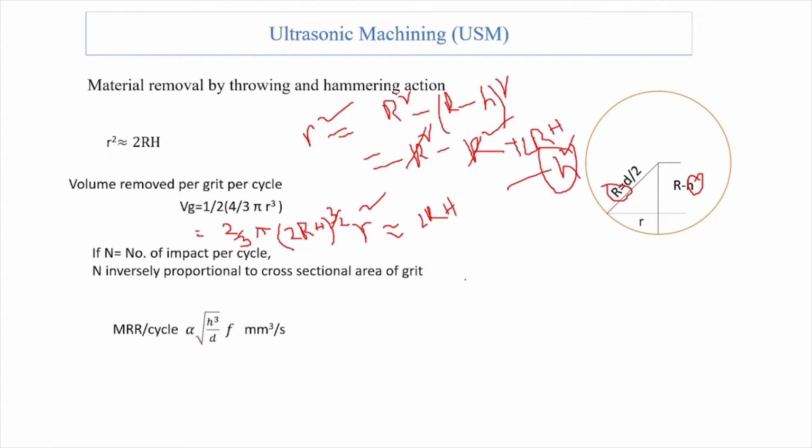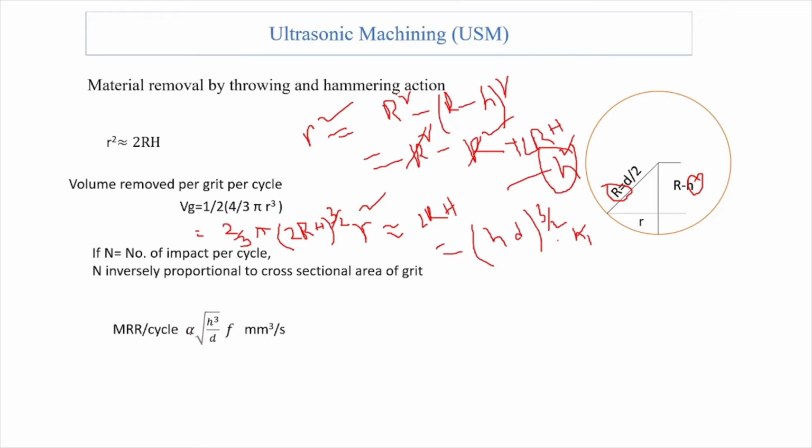So we can write it as h d to the power of 3 by 2, and the other terms we can put as a constant K or K1. The h we already know is the indentation depth, and d is the diameter of the grid, or dg.